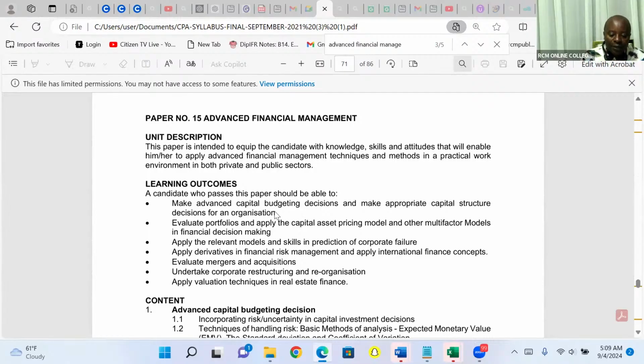Then we shall be able to evaluate portfolios and apply CAPM. CAPM is the capital asset pricing model, and other multi-factor models in financial decision making. Remember, it will be very wrong of us to always put our eggs in one basket. You should never put all your eggs in one basket. You shall diversify.